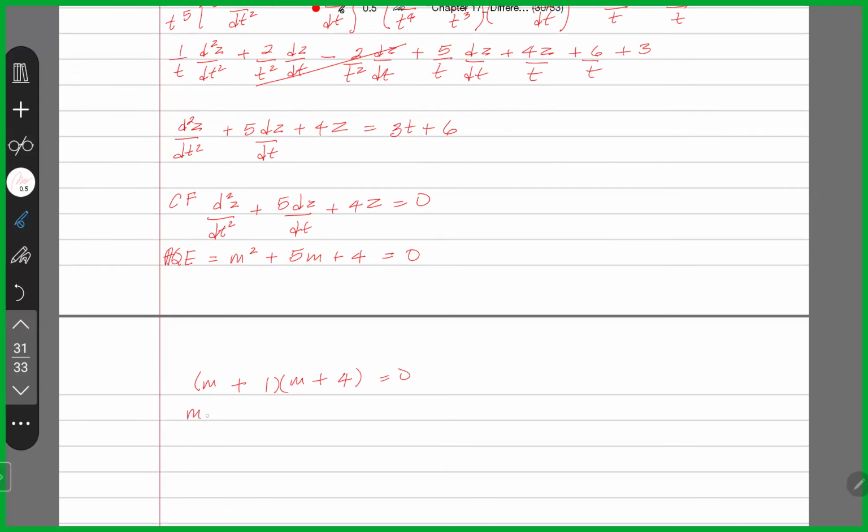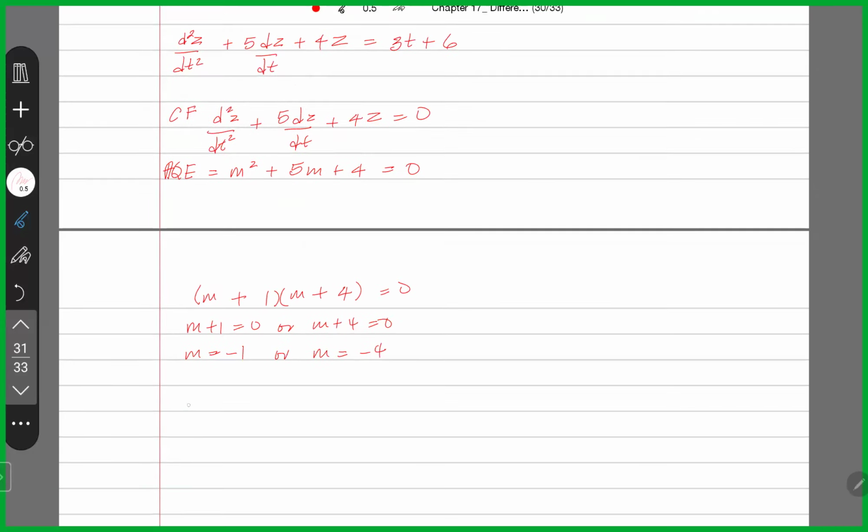So m plus 1 is equal to 0, or m plus 4 is equal to 0. So m is equal to minus 1, or m is equal to minus 4, are the solutions of the auxiliary quadratic equation. So the CF is z is equal to a e to the minus t plus b e to the minus 4t.